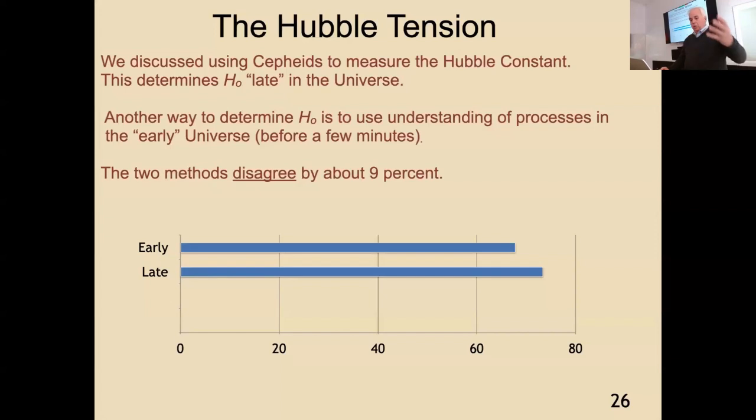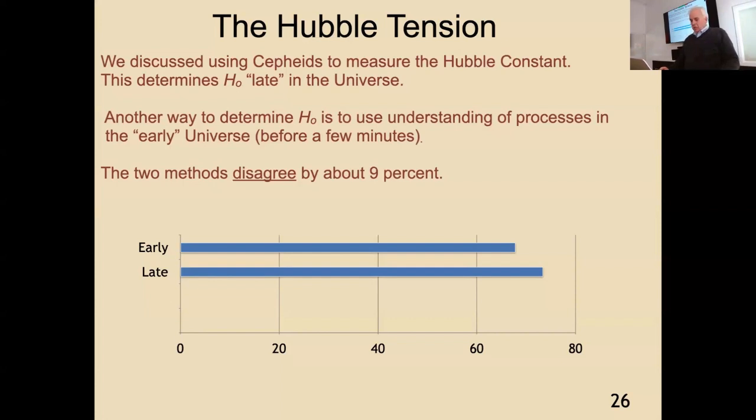One is when we measure it, which I talked at some length about how we get, and that gives us one value, that's late. There's another way to get it, though, from our theories of the early universe, how it expanded. Because if it had expanded too fast or too slow, we would have different composition of elements, for example, different amounts of helium. So that's a way to measure the Hubble constant. And the two don't agree.